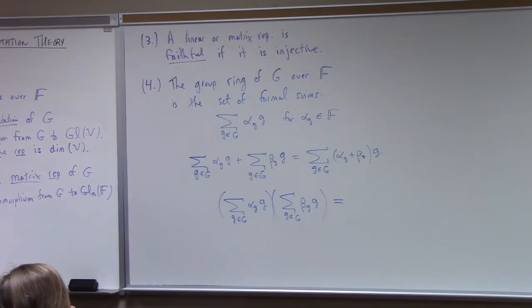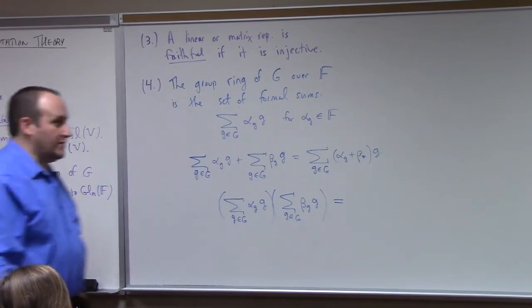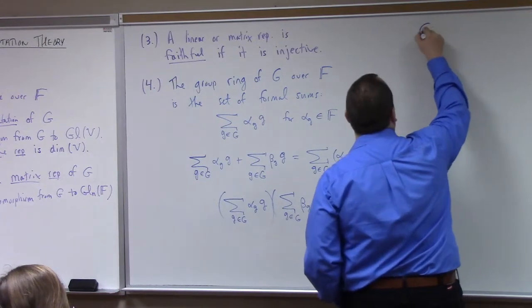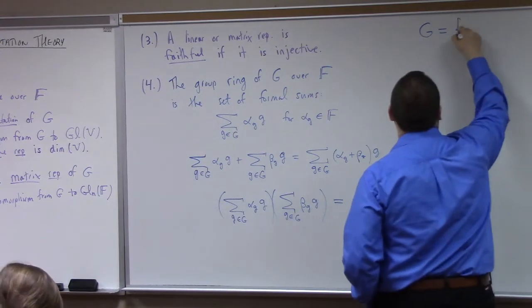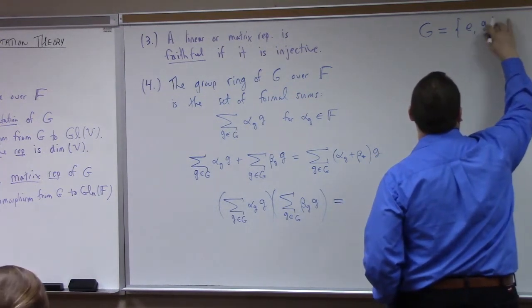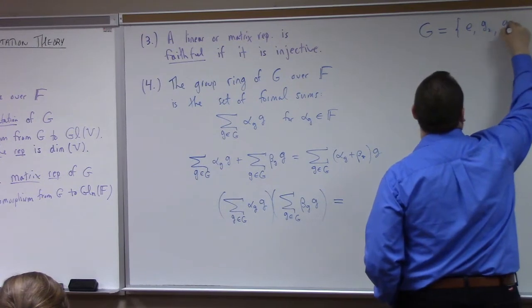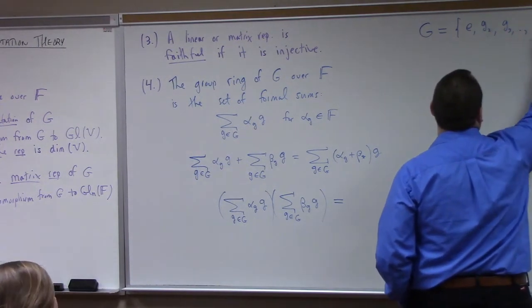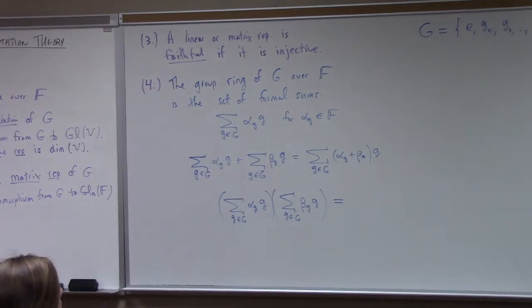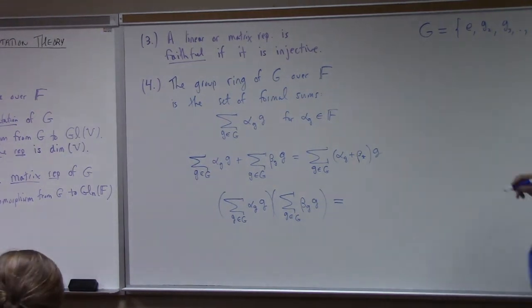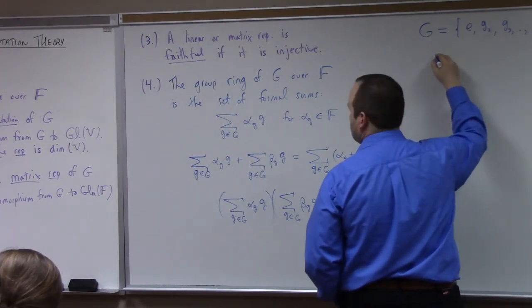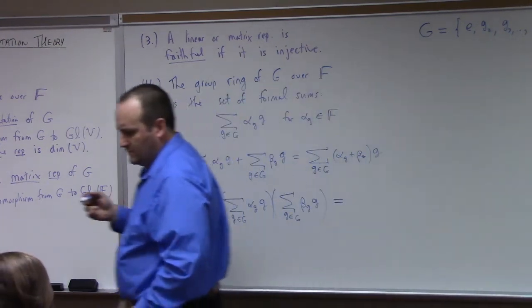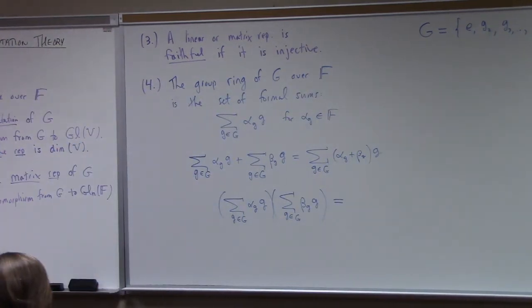At this point, I don't really want to write this down in this notation, right? So what did we say about G? It's a finite group, right? So we could actually write G as the identity, G2, G3, up to Gn. There are n things in the group. So a typical thing in the group ring, we call FG.